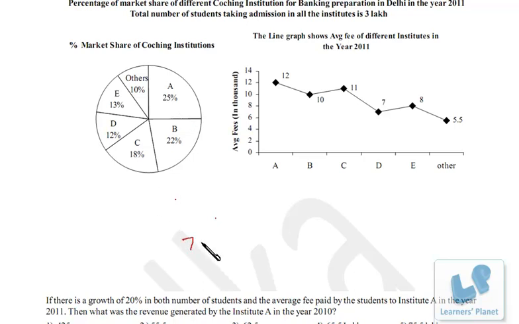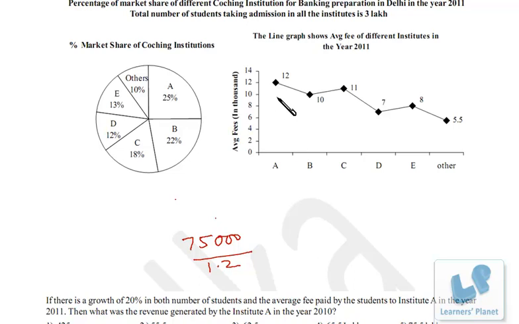That means in the previous year, the Institute A must be having 75,000 divided by 1.2. That's actually 120% of 2010, right? Because 20% growth is there. So in year 2010, this will be the number of students, right? And similarly, here the fees is 12,000. That is in year 2011.